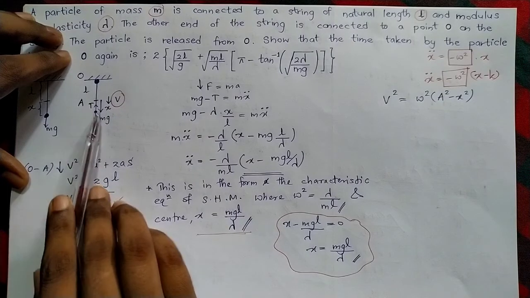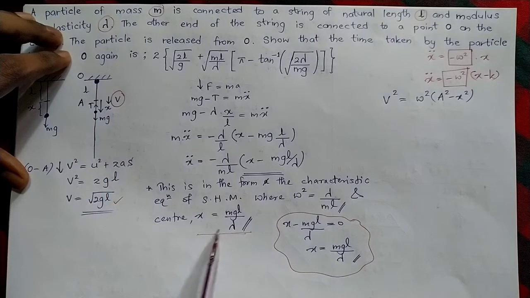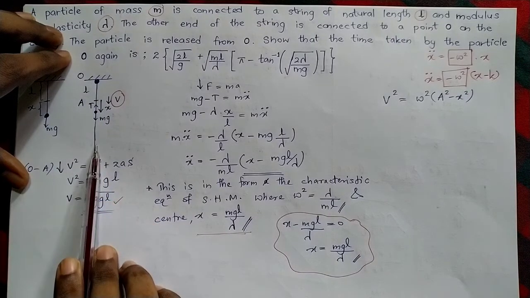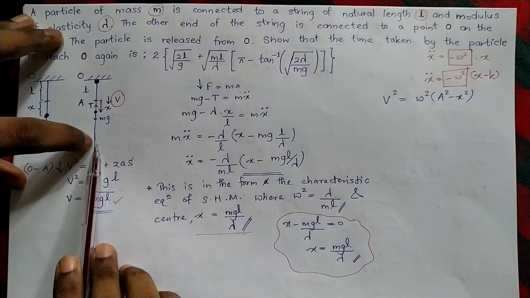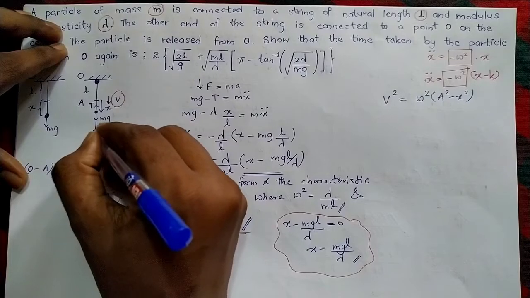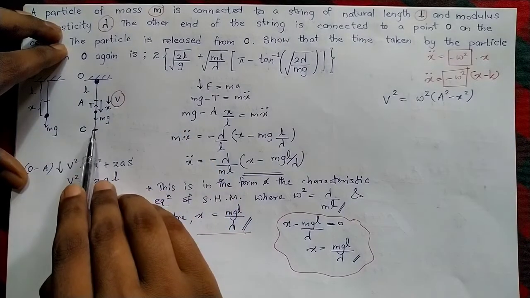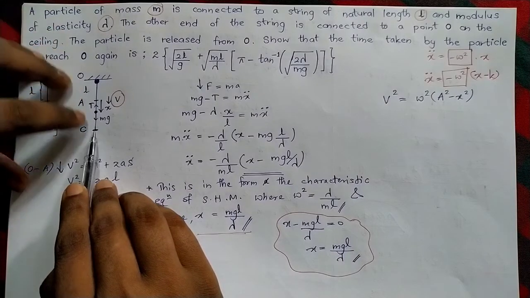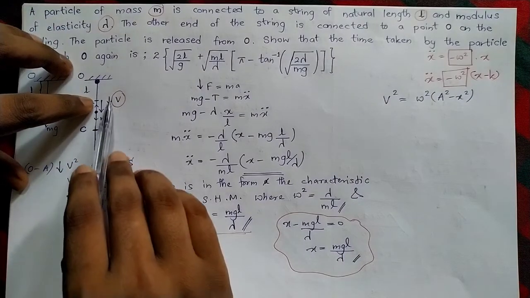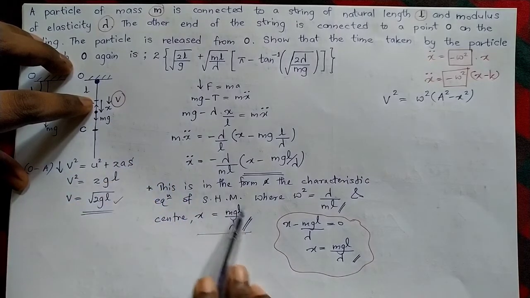Therefore, the center of this simple harmonic motion is this much below A. Let's say that the center is somewhere here. Then what is the separation from the center to this location where we are going to consider the velocity? It is mgl over lambda.